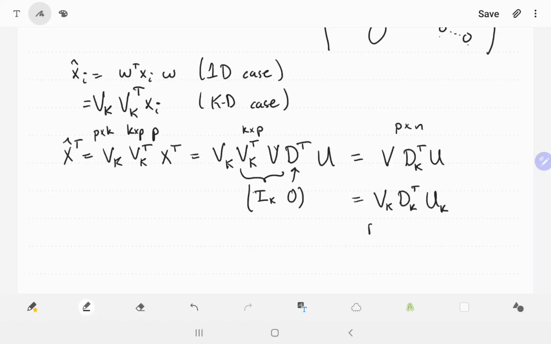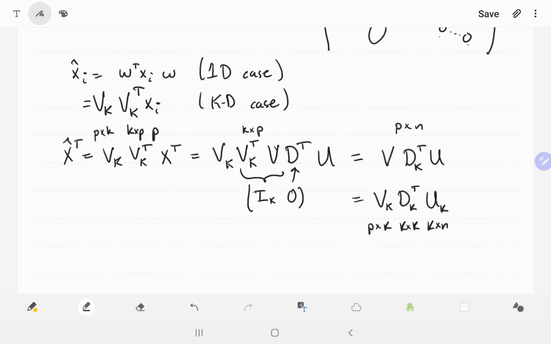Then this would be p by k, this would be k by k, and this would be k by n. I know this is complicated, but it's only complicated in the convention and the notation, not conceptually. Conceptually, if we want to project onto this k-dimensional subspace, we're just ignoring the remaining eigenvectors, both on the left and the right.